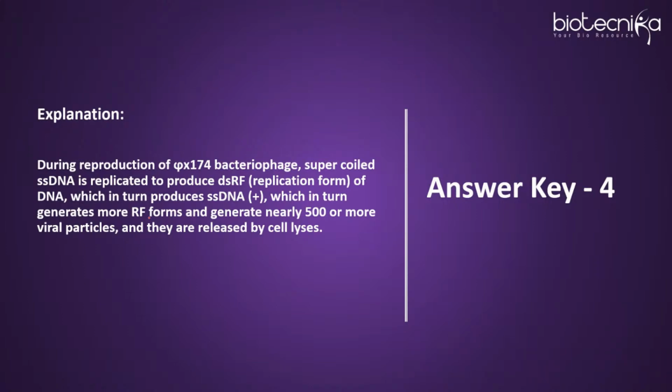It generates nearly 500 or more viral particles inside the bacteria, and they are released by cell lysis. That is, the lytic cycle takes place, and through cell lysis these viruses are released, right? So option 4 is the correct one here.